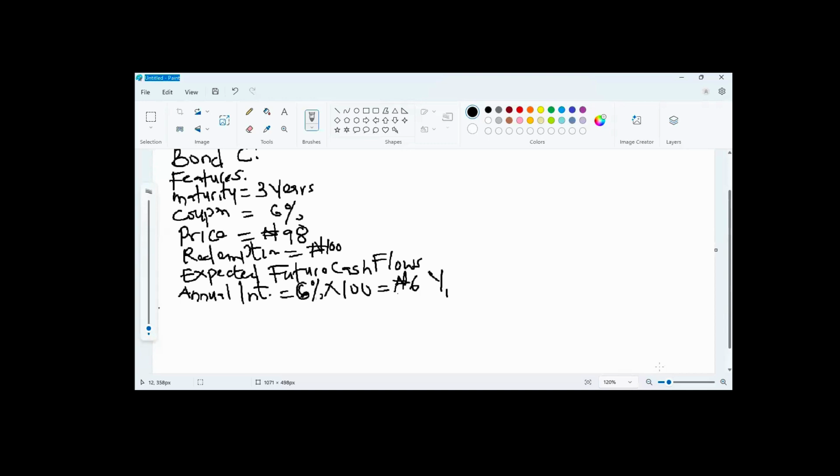Annual interest again, 6% of 100 naira, gives us 6 naira in year 2.